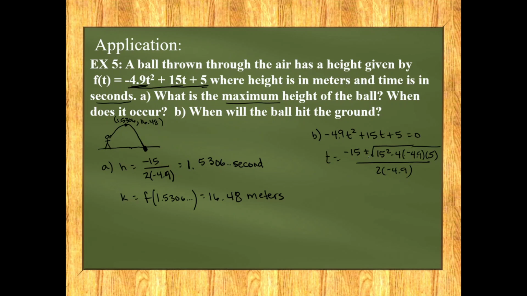Okay, now this is going to give us 2 answers, plus or minus, but of course we only want the positive one because if we get a negative time, that means we went back in time, and that's not going to happen. So if I plug this in, we're going to end up with 2 results. I'm going to have negative 0.303 and 3.365. So this is the time when it's hitting the ground, in seconds.